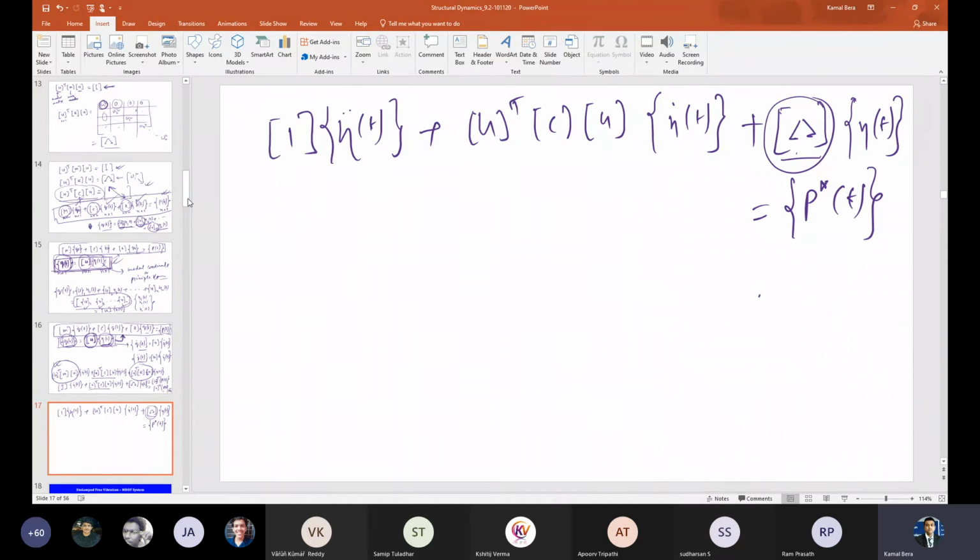P star t is nothing but U transpose into P t. Clear?